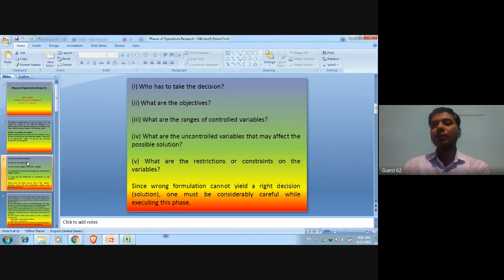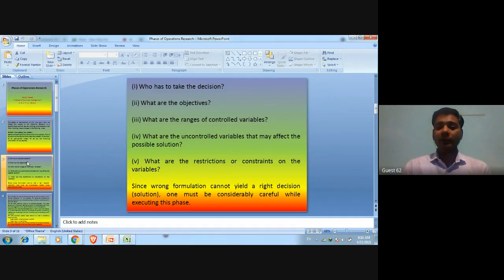These factors are also called variables. All the factors which affect your model or your organization are called variables, and which are analyzed later to formulate the problem. So what are the range of controlled variables? It means how many internal variables are used to achieve the organizational objective, and whether these variables are working properly or not.